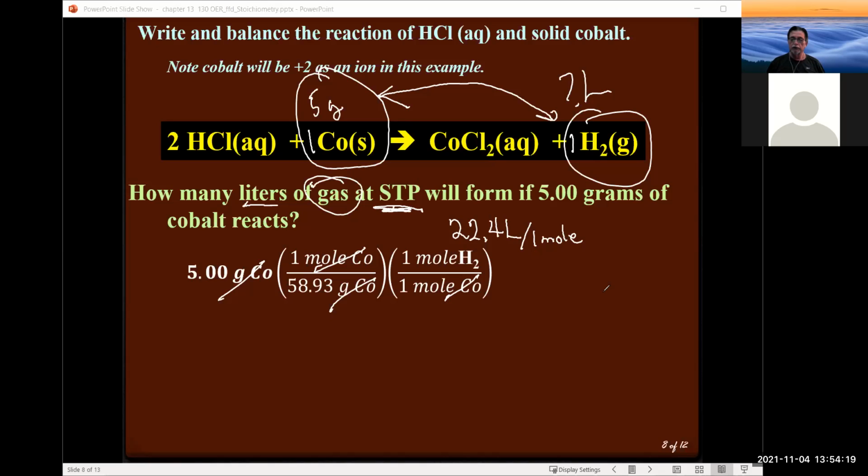Now, the fact that we are at STP at this point, if they did not mention STP, I could not calculate the liters. The best I can do is calculate grams. Okay, but they told you it's STP, therefore I can utilize the final relationship, which is the 22.4 liters per mole.